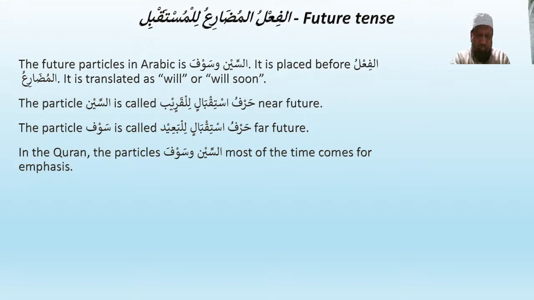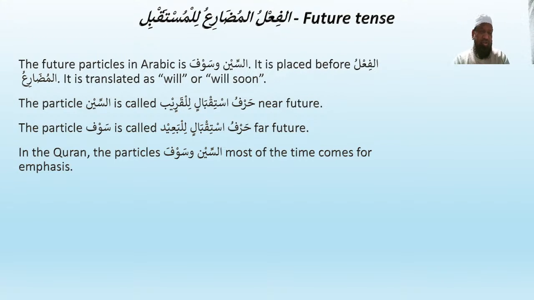للقريب. Don't know why sometimes whenever I write the kasra, these two kasras come in. Because I need to press a shift. Sometimes I don't press the shift key. That's why the tanween is coming. Okay, so it should be kasra lil qarib, near future.